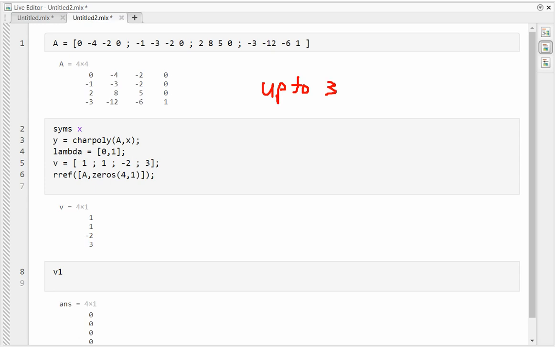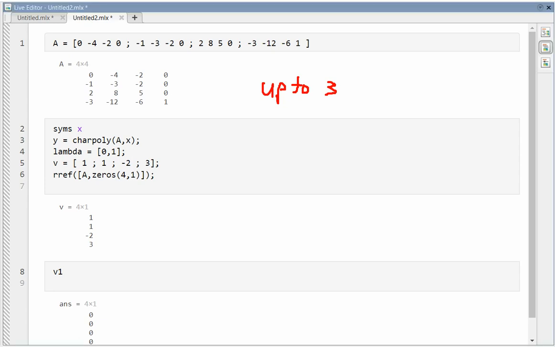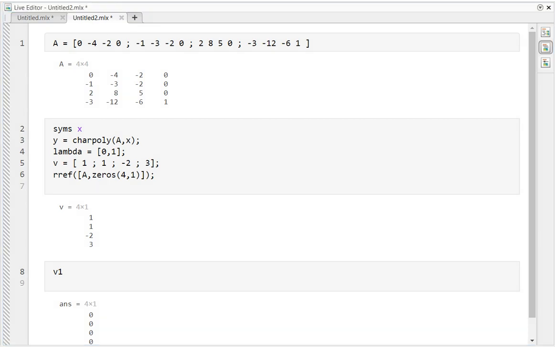So this matrix will be diagonalizable if it generates 3 free variables and therefore 3 linearly independent eigenvectors, if the basis for this null space has 3 component vectors. But if the basis only has 1 or 2, then the matrix is not diagonalizable.